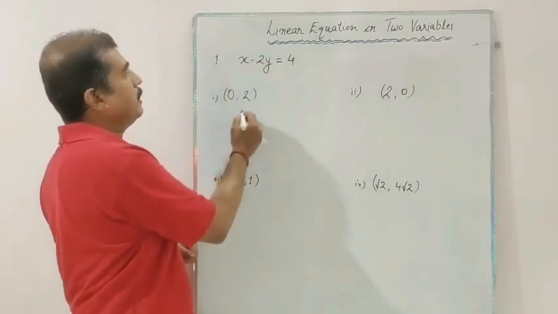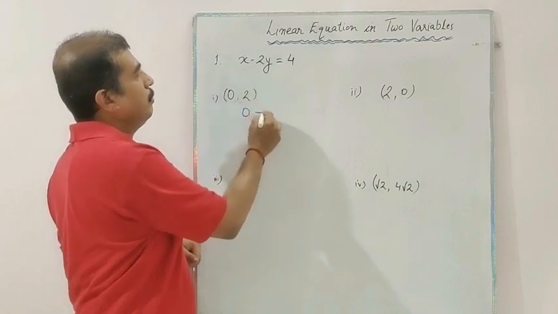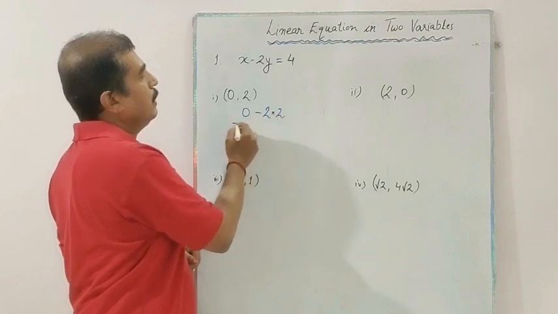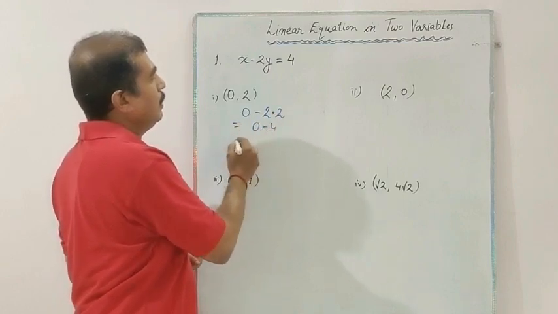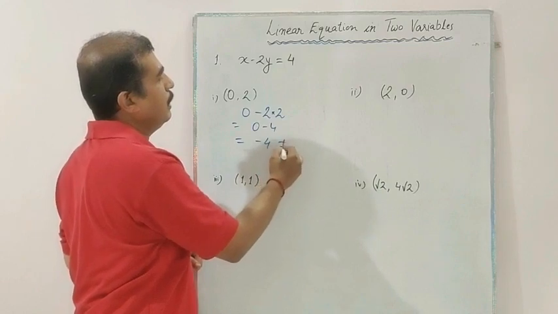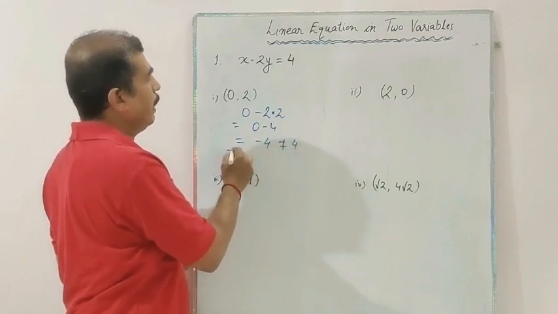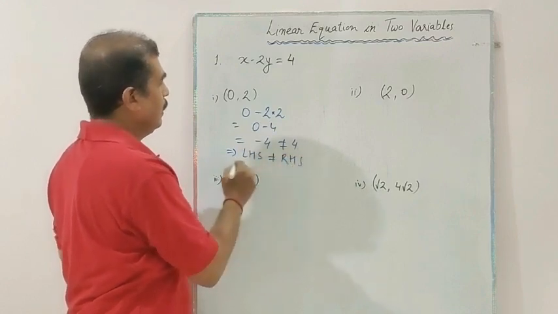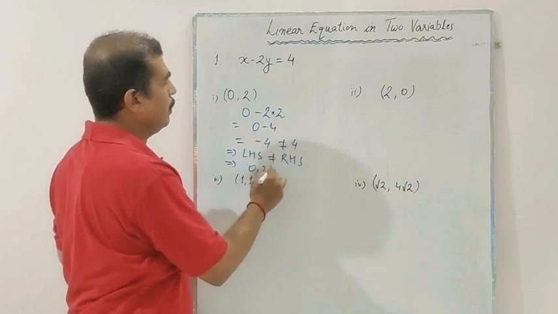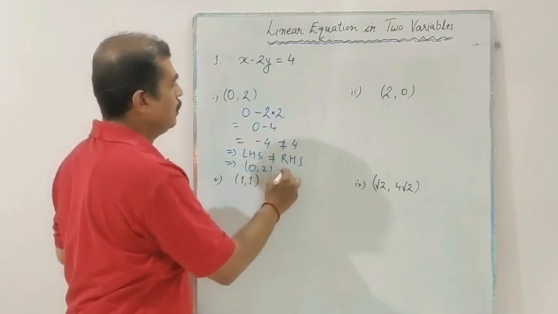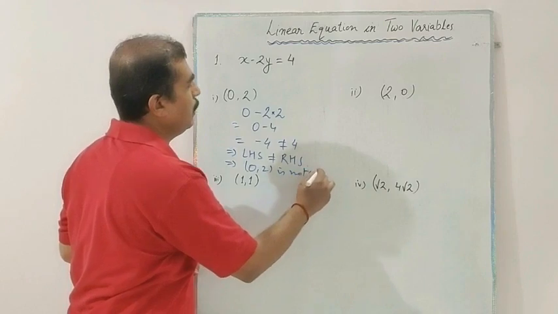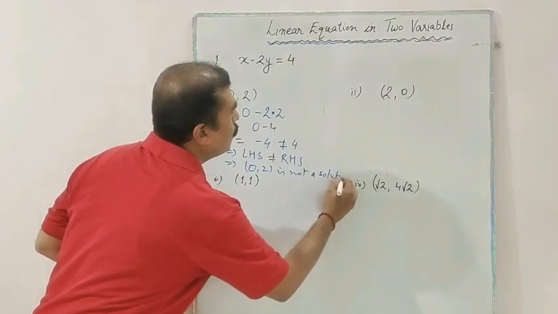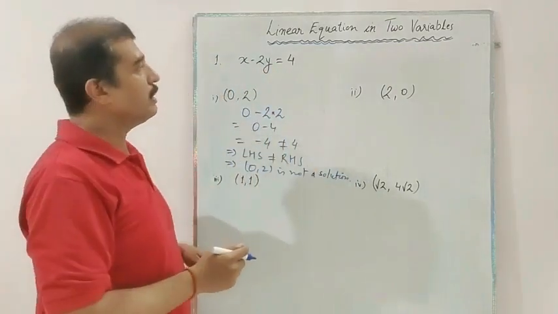Let us see. x is 0, minus 2 into the value of y, 2, is equal to 0 minus 4, that is equal to minus 4, which is not equal to 4. This implies that LHS is not equal to RHS, implies that (0, 2) is not a solution of the given equation as it does not satisfy.